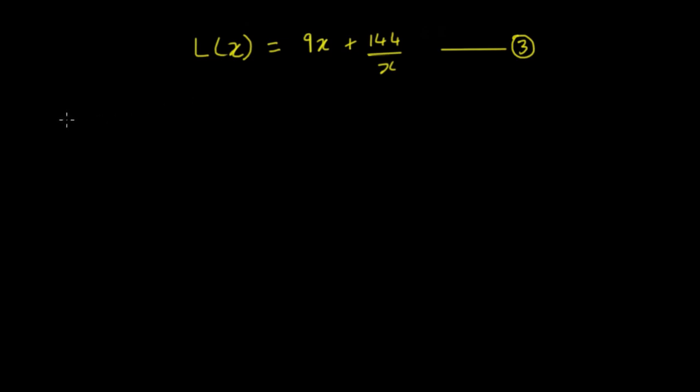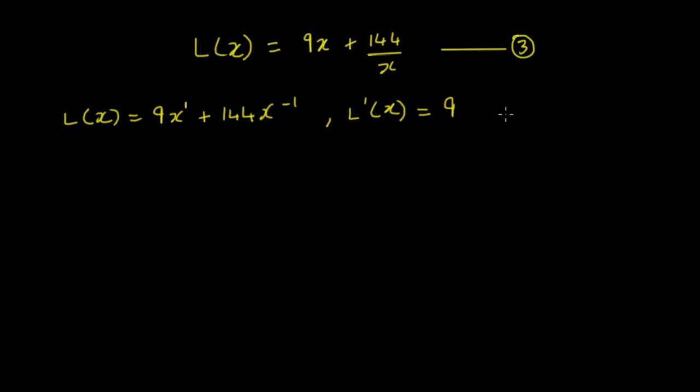So you can say that L of x is going to equal 9x plus 144 x to the power of minus 1. Now we're going to put this in a form that makes it easier for differentiating. We don't want x in the bottom line. Whenever we differentiate that, that's going to give us L derivative of x, which is going to equal, well, the 9x is the same as 9x to the power of 1, so that's like 9 times x to the power of 0, and x to the power of 0 is just a value of 1, so that's just going to be a value of 9.